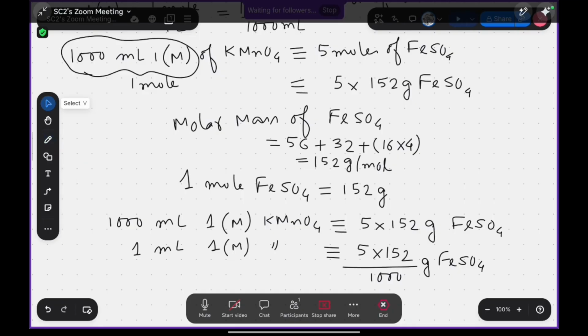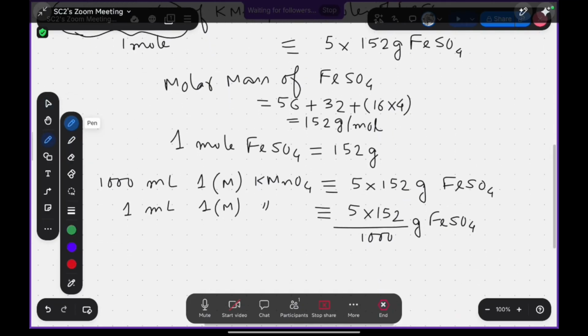So what is provided to us? According to the question, 52.68 ml of KMnO4 is given to us, and the molarity is 0.05 molar KMnO4.